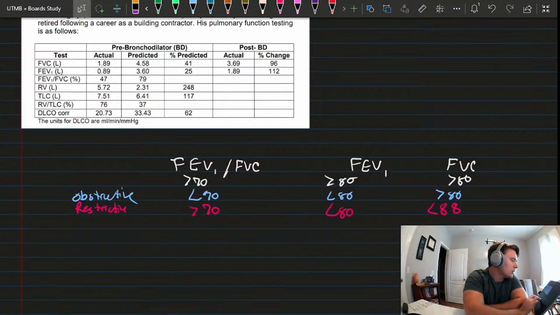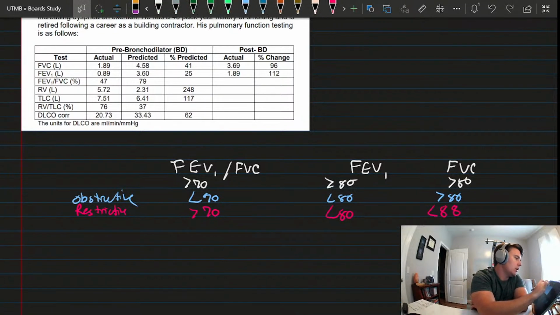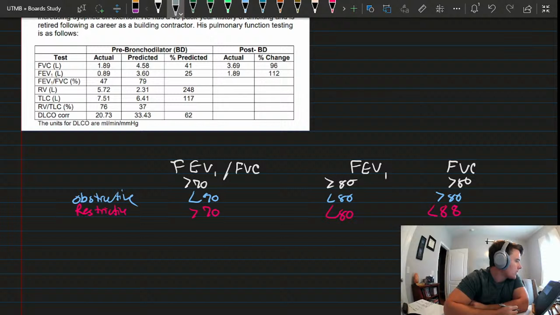Okay, so this patient has an FVC of 41%, but you're already thinking of restrictive lung disease. FEV1 is 25. And their actual is 47%.